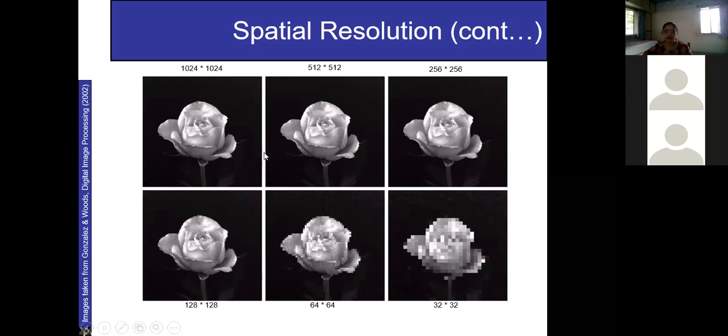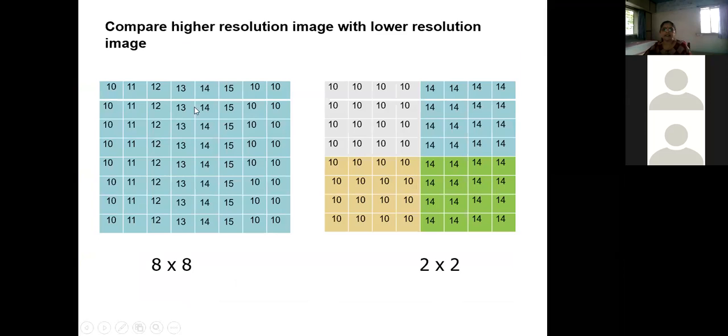Okay, so now is the concept clear? What do you mean by spatial resolution and how the resolution affects image quality? Okay, the same exercise we did here in terms of numbers. Numbers are representing intensity levels.